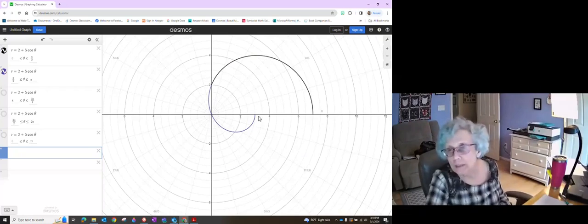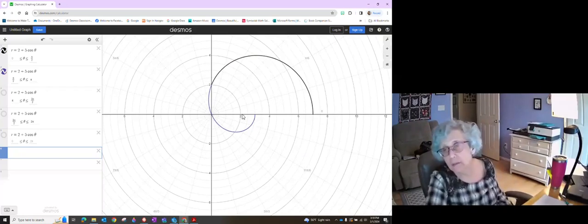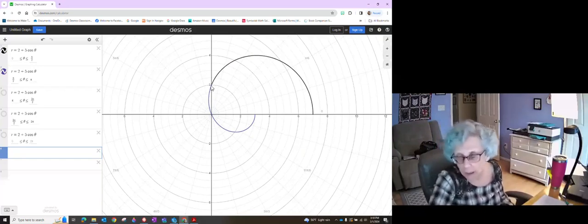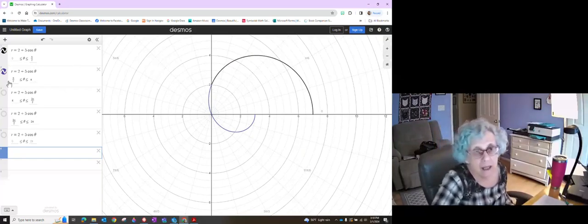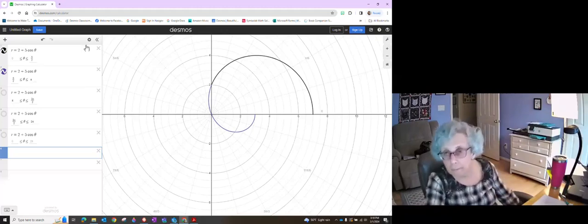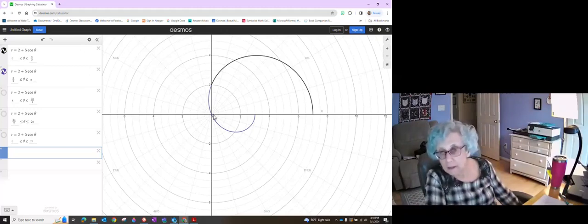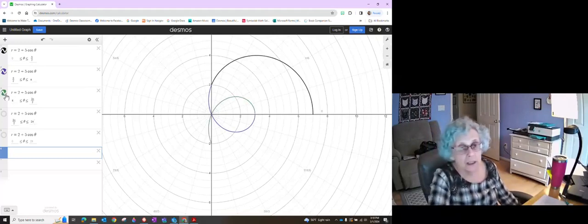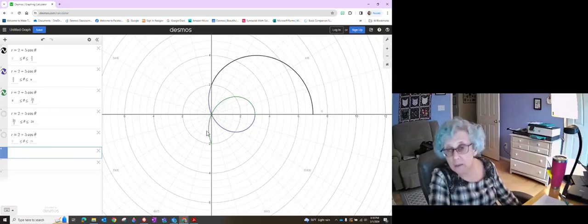As soon as it gets to pi, you can see that my r's are becoming negative. And actually, they become negative before I get to pi. They become negative as soon as 2 plus 5 cosine theta is less than 0. So here it goes through the pole and loops back. It stays negative until it gets back to the pole, and then it makes this little loop.